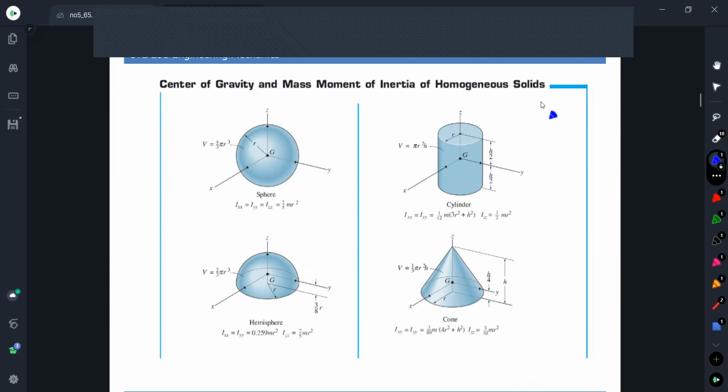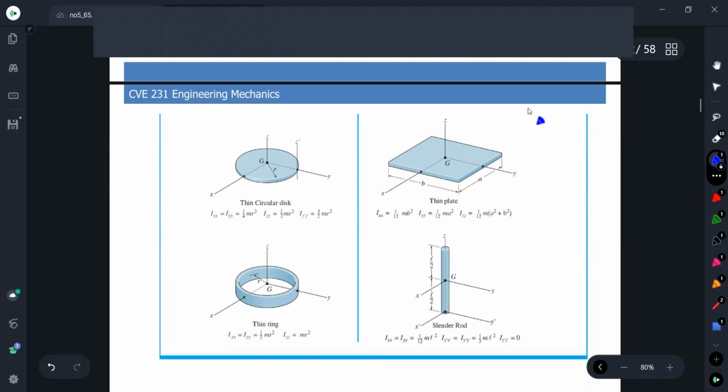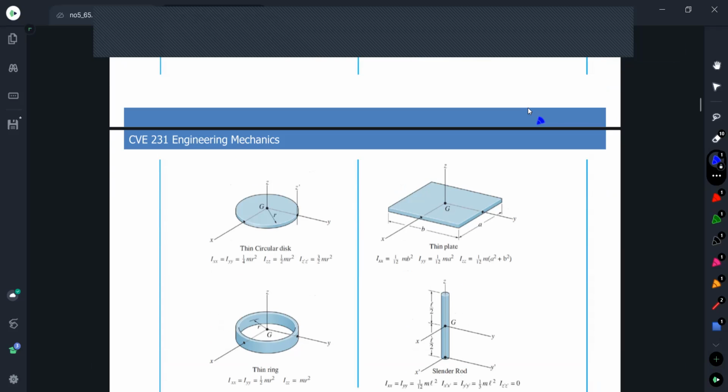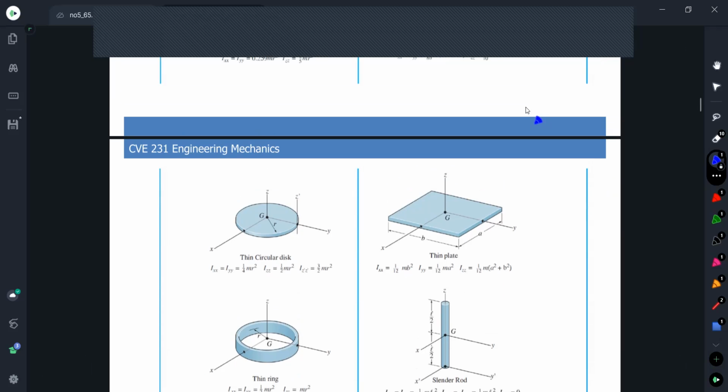In engineering applications, we normally use general solid shapes like the sphere, cylinder, hemisphere, cone, circular dish, thin plate, thin ring, and also the cylindrical rod. For these shapes, we already have the formulas.